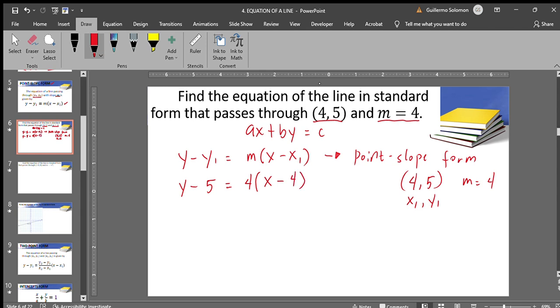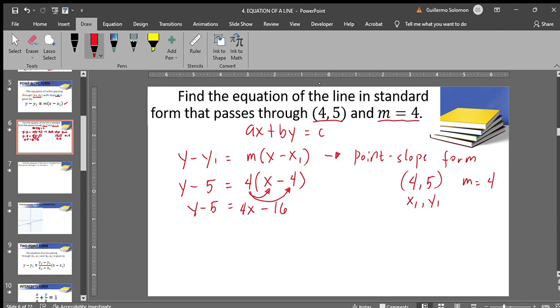Next, since we cannot simplify it yet, y minus 5 retain, y minus 5 is equal to, since we have here 4 multiplied to the entire binomial, so 4 multiplied by x, that is 4x. And then 4 multiplied by negative 4, that is negative 16.